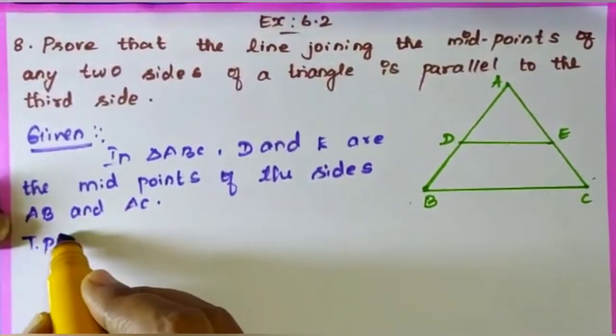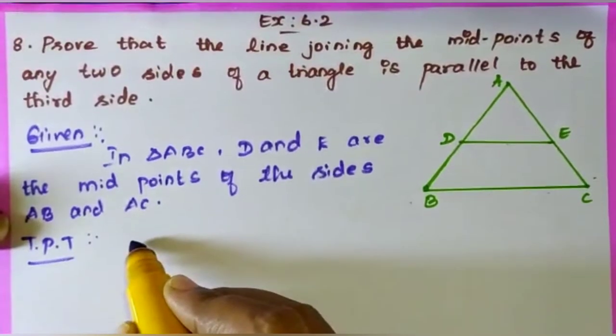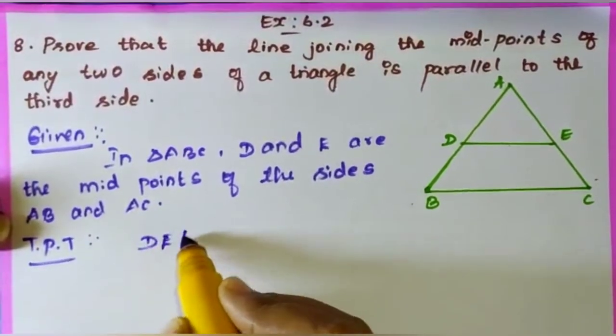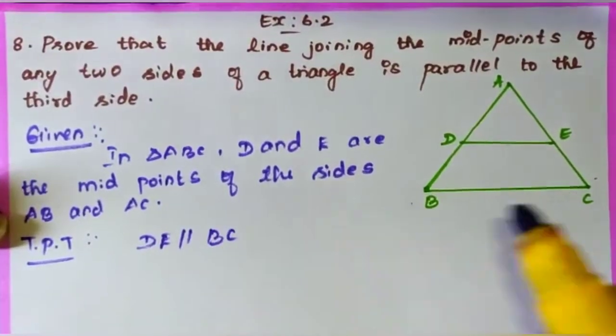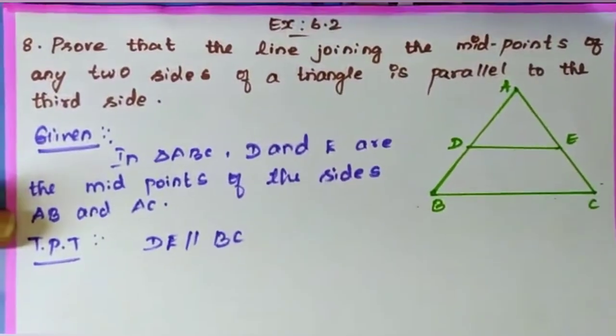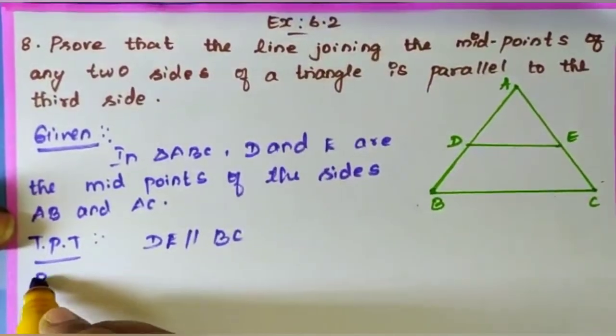To prove, what do we have to prove? DE parallel to BC. And proof.